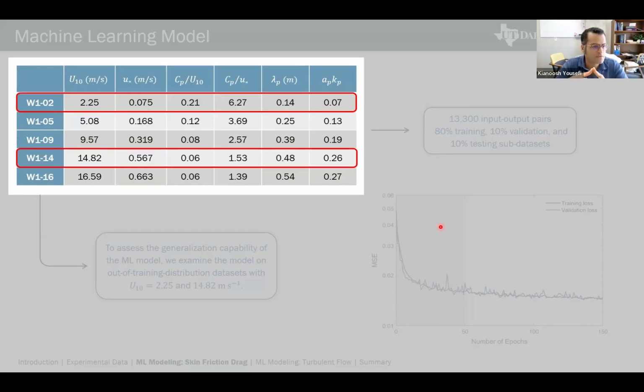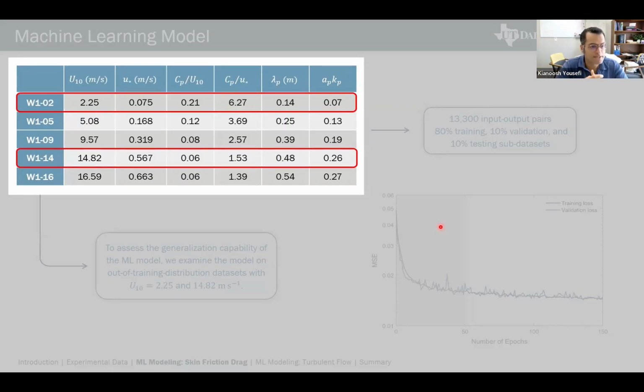The case with 14.8 meters per second wind speed is interpolation, so by nature I expect that it would work better, but the lowest wind speed of 2.25 is an extrapolation, right? It's not in the range of the velocities that have been used to train the model.